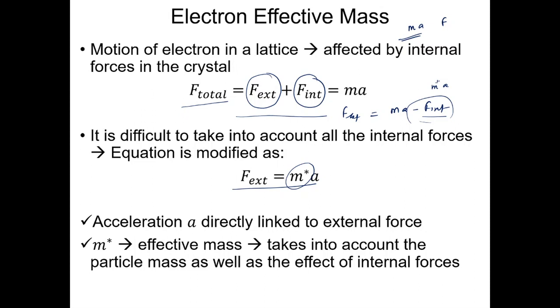So rather than worrying about different accelerating factors, if it is a free particle it would be something else, and if it is inside the crystal lattice it would be something else, you can account for a common acceleration factor by taking an effective mass of the particle when the particle is inside the crystal lattice.